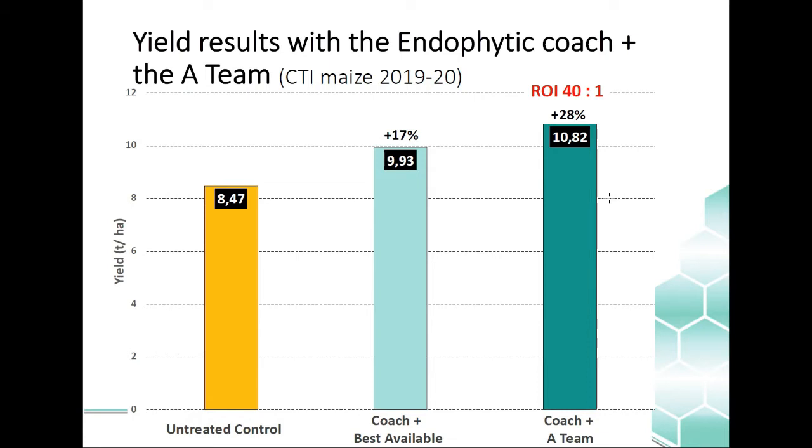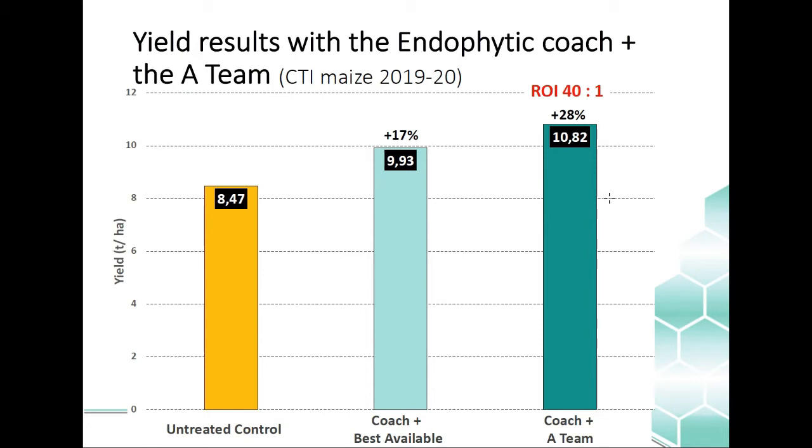So in this situation, we inoculated the coach, the endophytic Trichoderma, and we're looking at what is the best available team it could put together from what is available in the soil. There we saw a yield increase of up to 17%, which is very surprising. Then we went one step further and said, okay, we're not going to depend on the best available team in the soil.